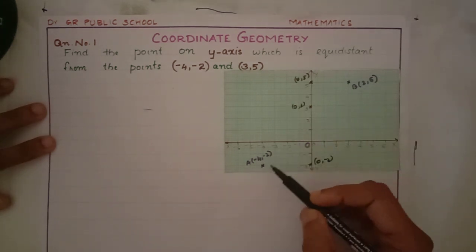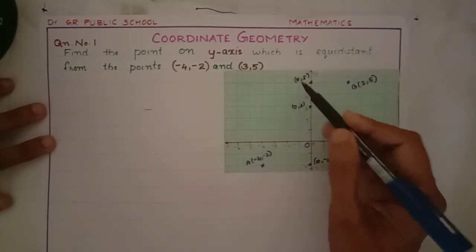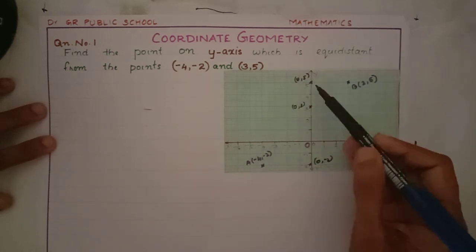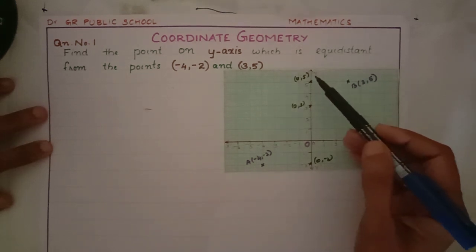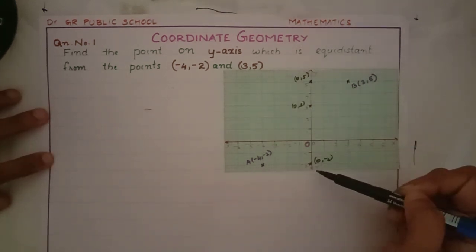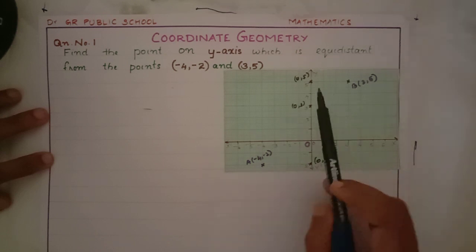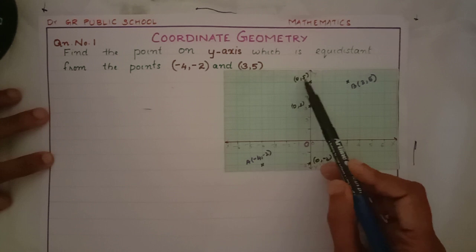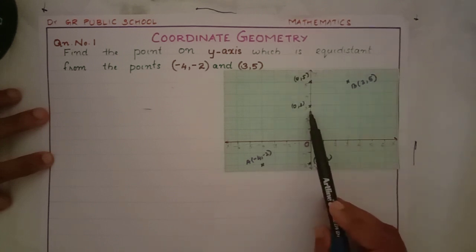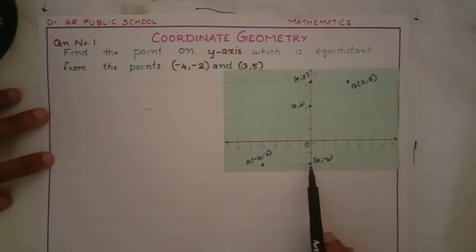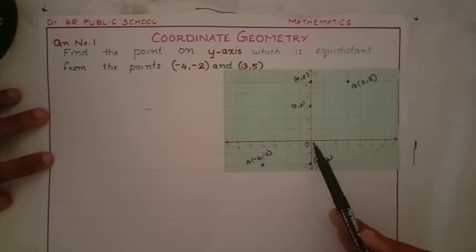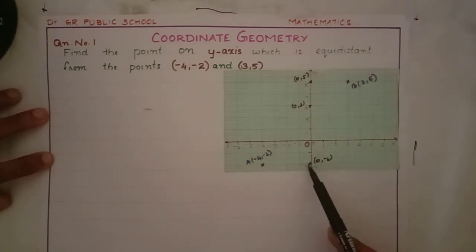So, we have to find a point on the y-axis. And you know the property of points on the y-axis. What is the speciality of points on the y-axis? Consider some points. See, here I marked this point as (0, 5) and this point as (0, 3). What is the coordinate of this point? Taking first from the x-axis, 0, and from the y-axis -2.